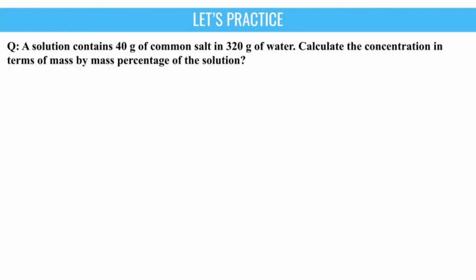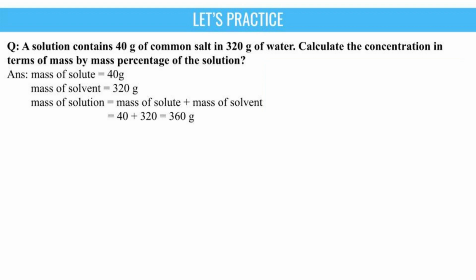A solution contains 40 grams of common salt in 320 grams of water. Calculate the concentration in terms of mass by mass percentage of the solution. Mass of solute equals 40 grams. Mass of solvent equals 320 grams. Mass of solution is the sum of mass of solute plus mass of solvent, which is 40 plus 320.